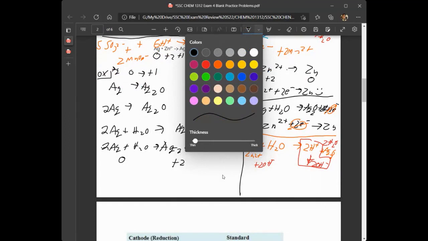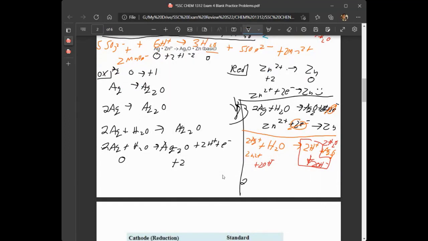Overall, our balanced equation so far is 2OH minus plus 1H2O plus 2Ag plus Zn2 plus. I'm just going to write it on this right side, y'all, so there's space.